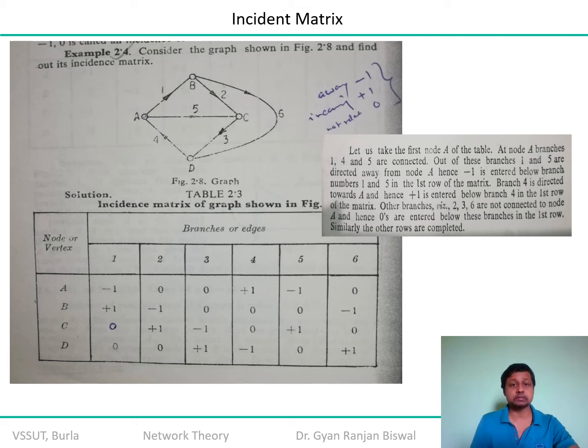As far as the incidence matrix is concerned, here we are going to establish the interrelation between the number of nodes participating and the number of branches participating. In this bridge network, for example, branch number 6 represents the equivalent voltage source.